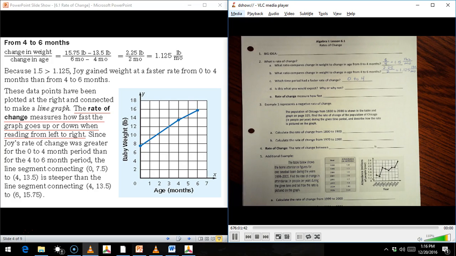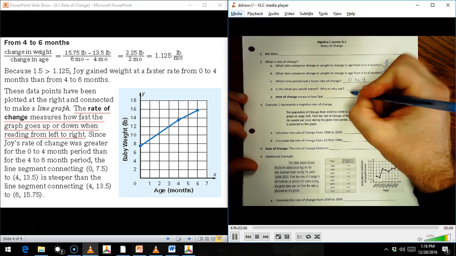If you consider a newborn baby, they grow very quickly in the first few months. They continue to grow quickly, but the rate of change goes down. Now the difference between these two numbers is 1.5 and 1.125. So really only 4/10 difference.